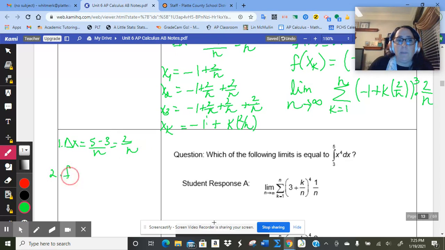Then I'm going to find my f of x sub k. In this case, I know that I'm going to take it to the fourth. My x sub k is my 3 plus my k times 2 over n.